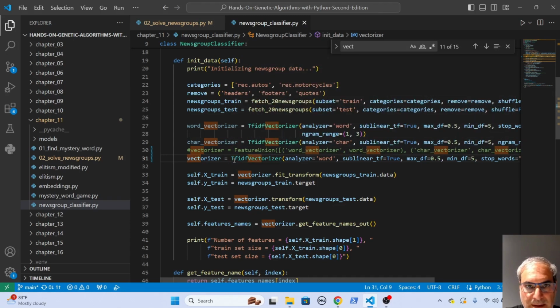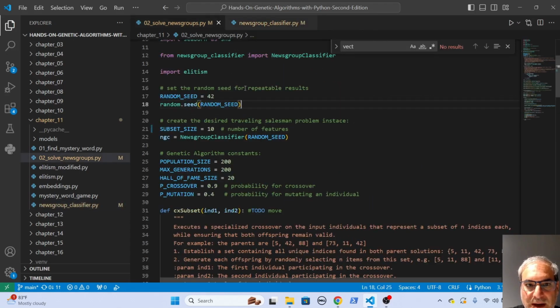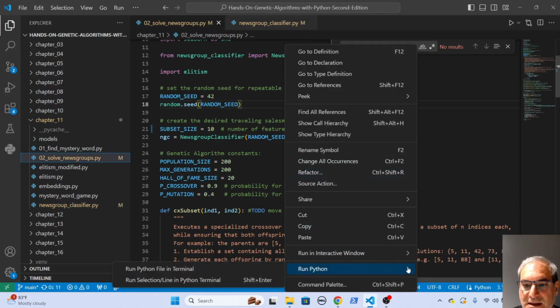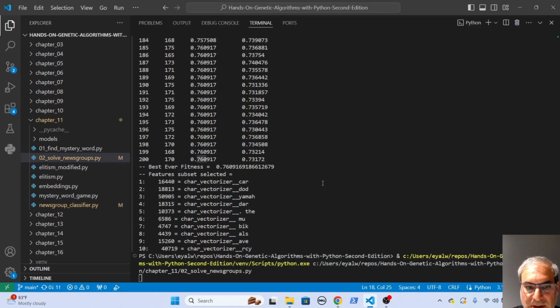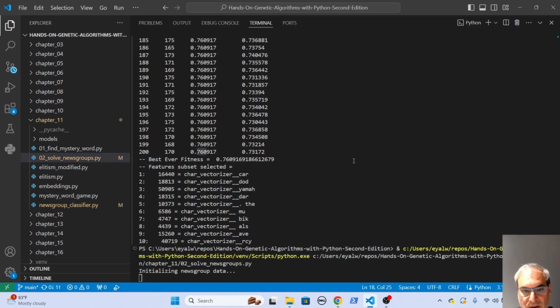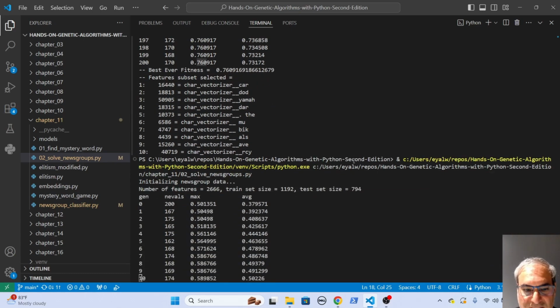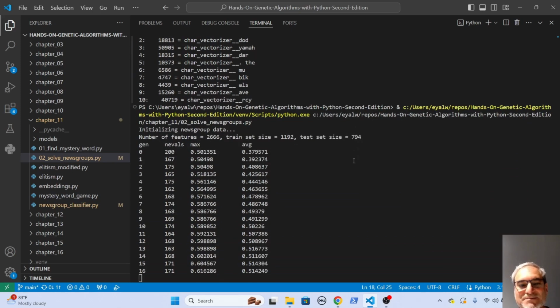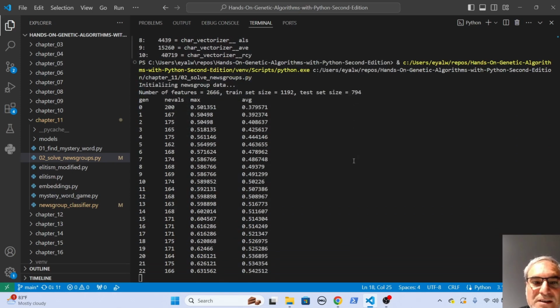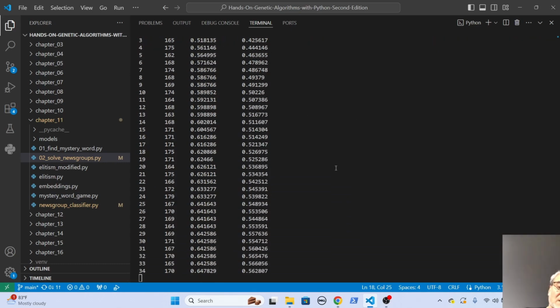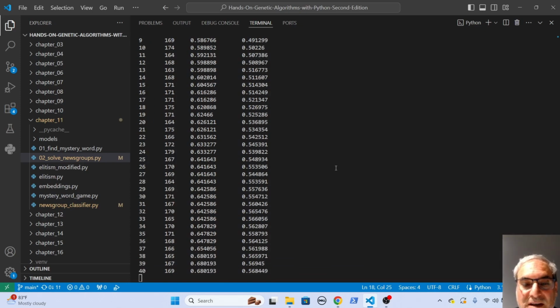And if we do that and go back and run the program again with the 10 subset size, let's see what are the 10 words that we are going to find at the end. Notice that now it runs way faster because it only has 2600 features to begin with, and it's looking for 10 out of those.